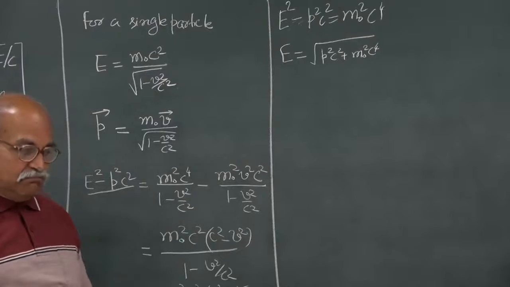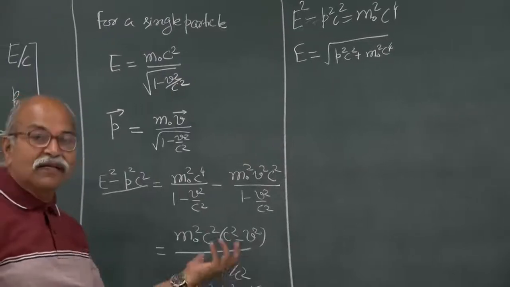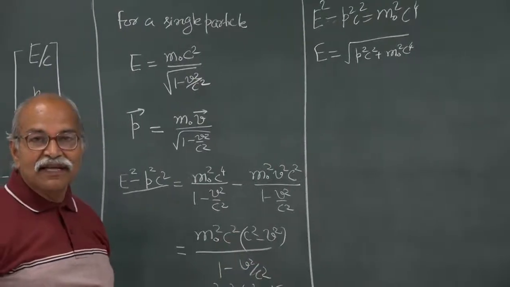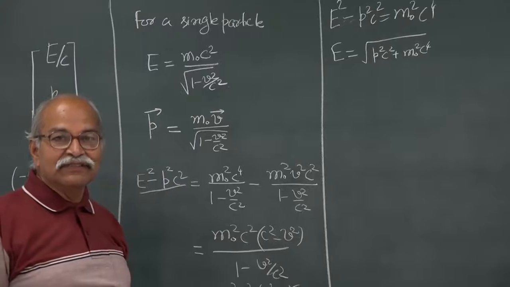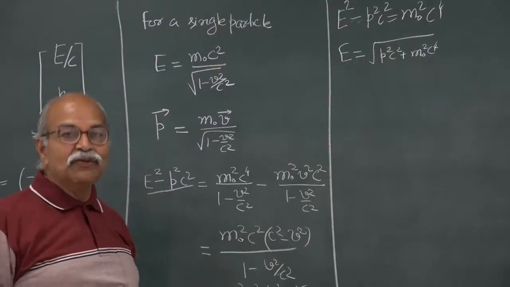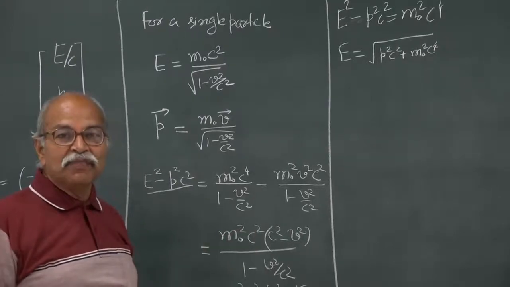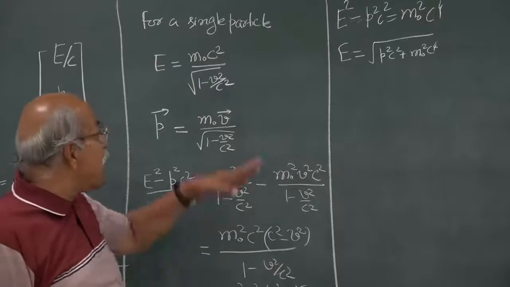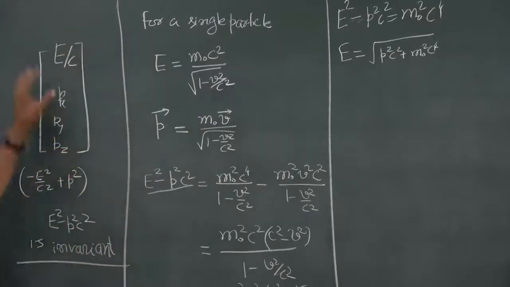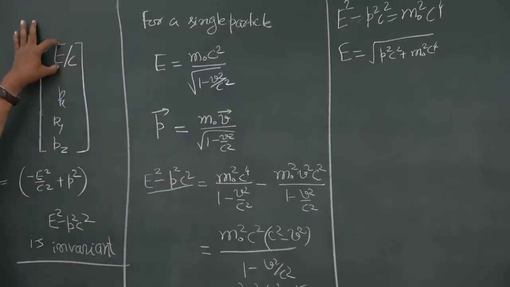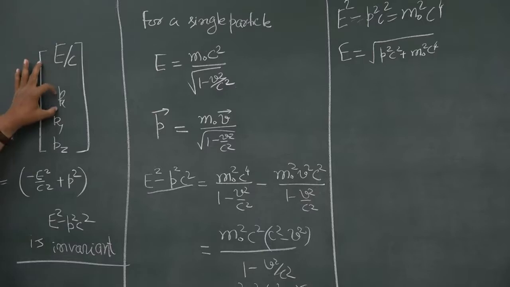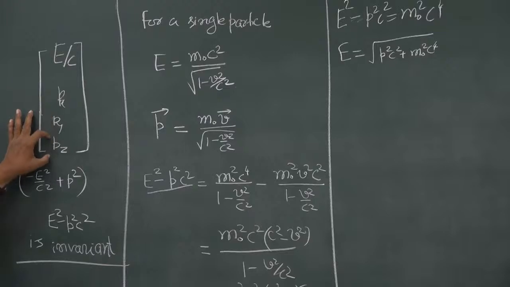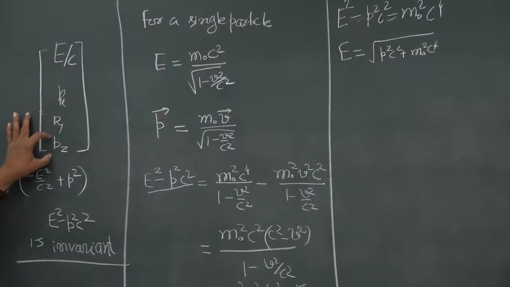If you have a combination of two different particles, and you write total energy E1 plus E2, and then you write total momentum P1 plus P2, you still have a 4-vector. The total energy of the two-particle system, the total linear momentum of the two-particle system x component, y component, and z component.